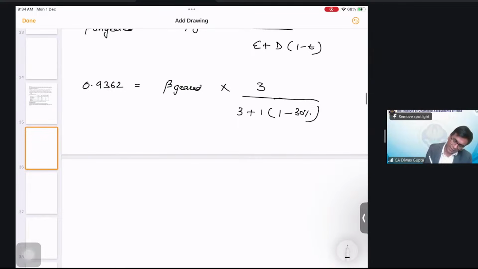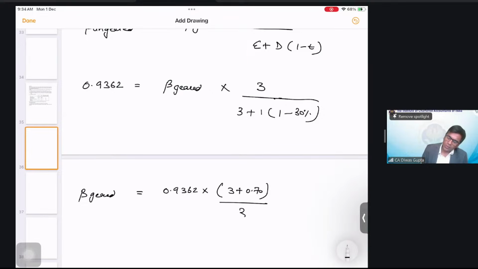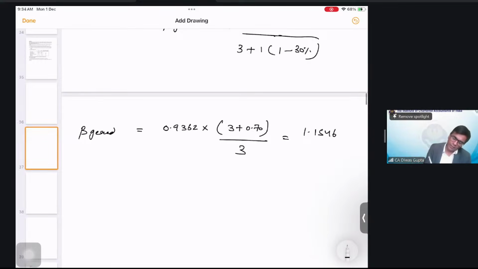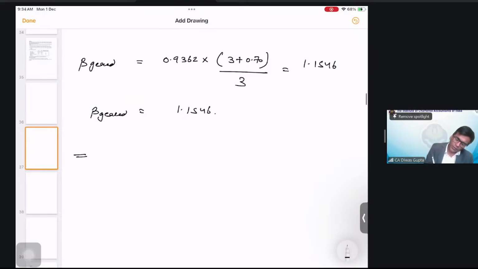So here beta geared will become 0.9362 multiplied by 3 plus 0.70 divided by 3, which is equal to 1.1546. This is the geared value of beta, 1.1546 students.